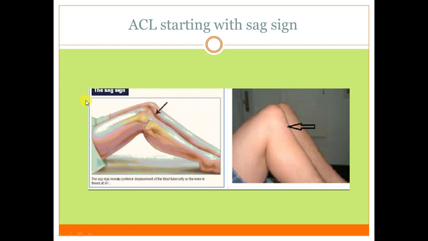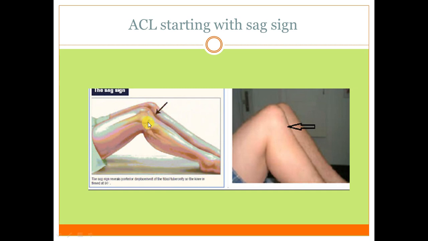Then going to the ACL in flexion. Before starting examination of the ACL, you have to be sure that you don't have a PCL injury. If you start the ACL examination in a PCL-deficient position, you will have false positive data. If you have a PCL injury, observed through the sag sign, you have to put the tibia in its normal position, then start the ACL exam.